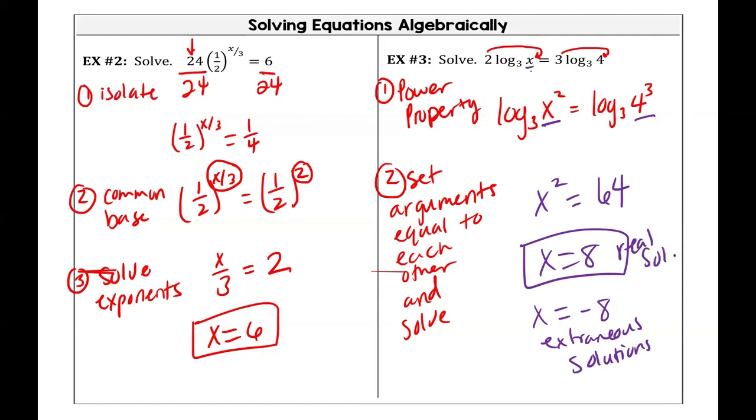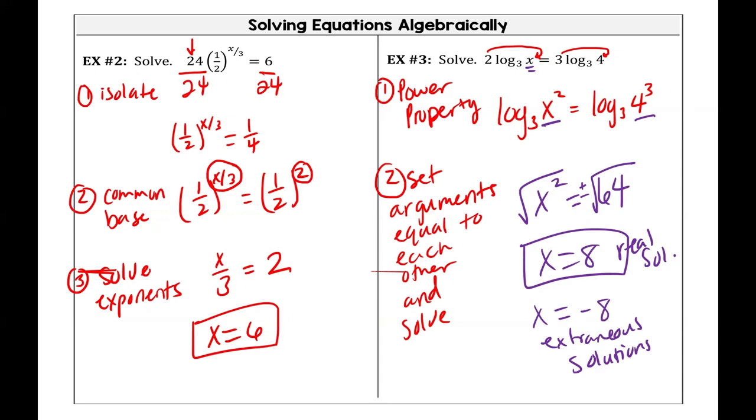When you take the square root, it produces a positive and a negative outcome, right? It's that plus or minus situation. But the negative can't be used because your argument can't be negative in the original. So if I plug that back into the original, it was like, uh-oh, error, error.